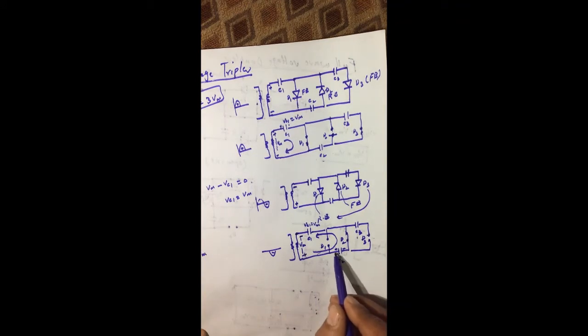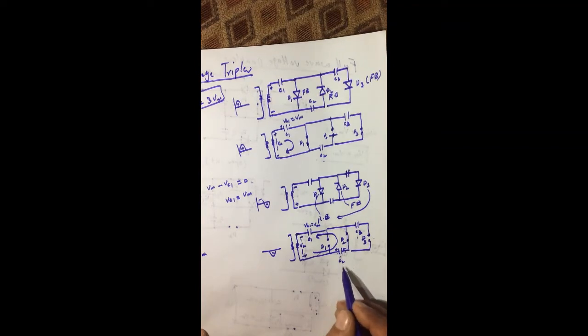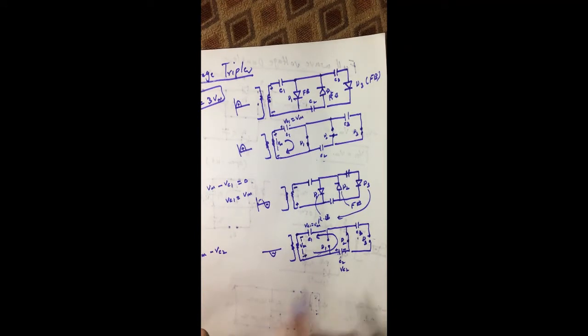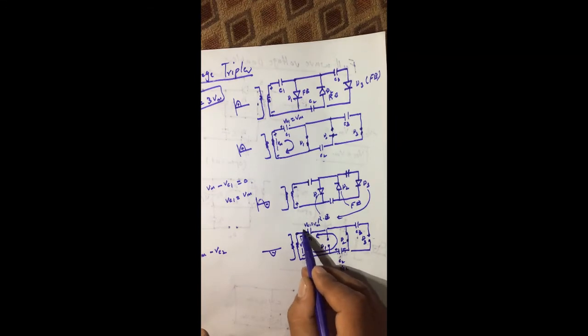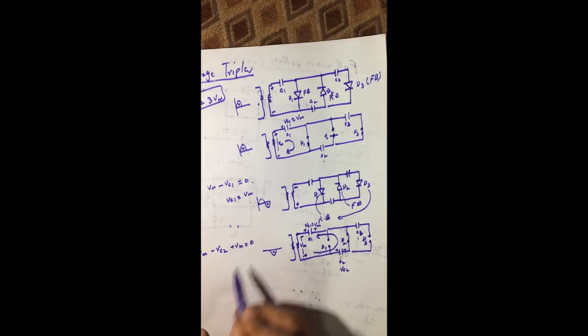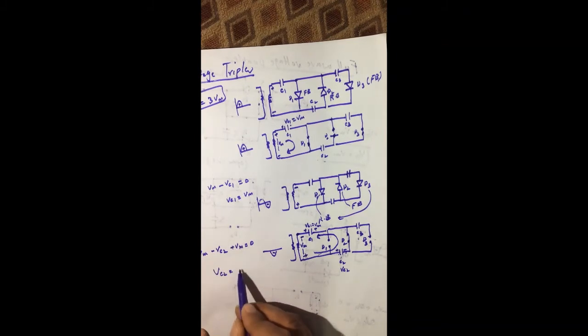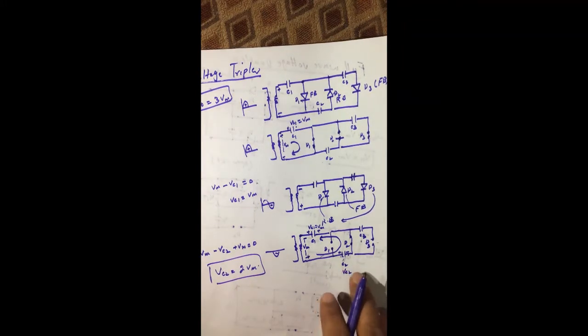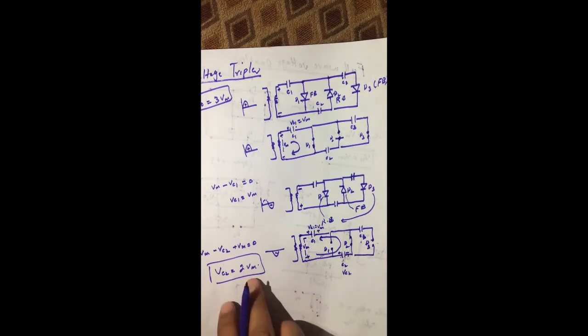And then we reach here, moving from positive to negative, from higher to lower, and here the voltage across this capacitor, I call it Vc2, so we have minus Vc2. And then again I reach here, this is now positive, this will be negative, so we are moving from lower to higher. So this will be plus Vm, which is equal to 0. So Vc2 will be equal to 2Vm. So capacitor C2 is charged through diode D2 to its peak value, and the voltage across this capacitor Vc2 is equal to 2Vm.